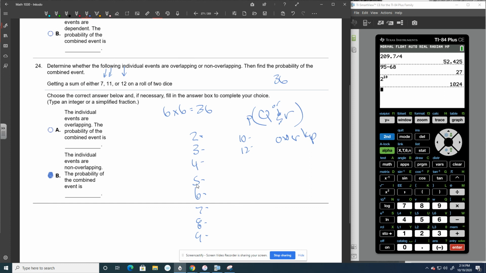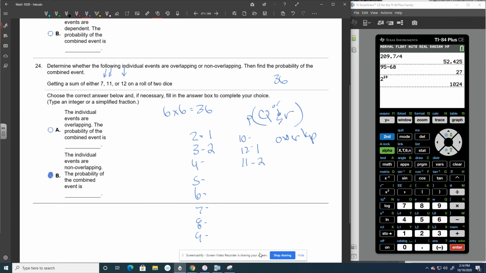There's only one way for those numbers to add up to 2, and that's if you get a 1 and a 1. There's only one way to get a 12. That's if you get a 6 and a 6. But a 3, you could get a 1 and a 2 or a 2 and a 1. And I forgot the 11s. The 11s, you could get a 5 and a 6 or a 6 and a 5.